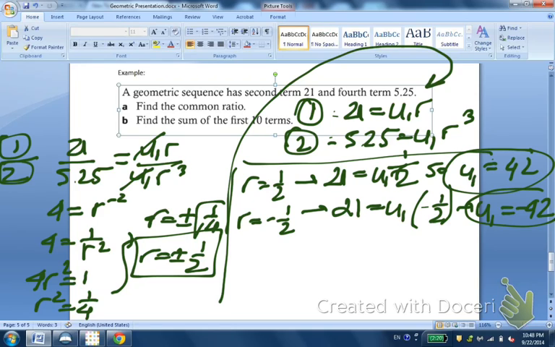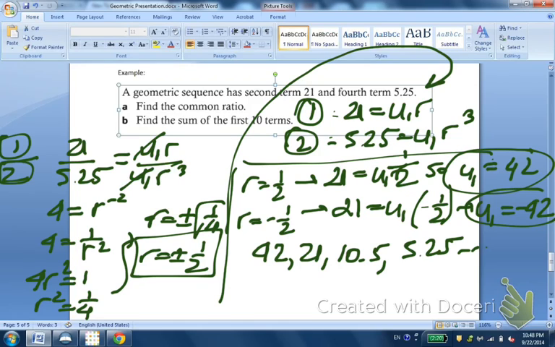There are two values now for the sequence. If the first term is 42, and you use r as a half, the second term is 21. If you divide by 2 or multiply by a half, you get 10.5, and then the next term is 5.25. That's for r is a half.